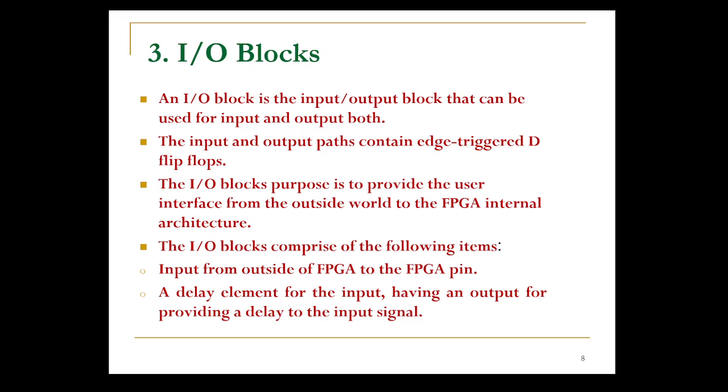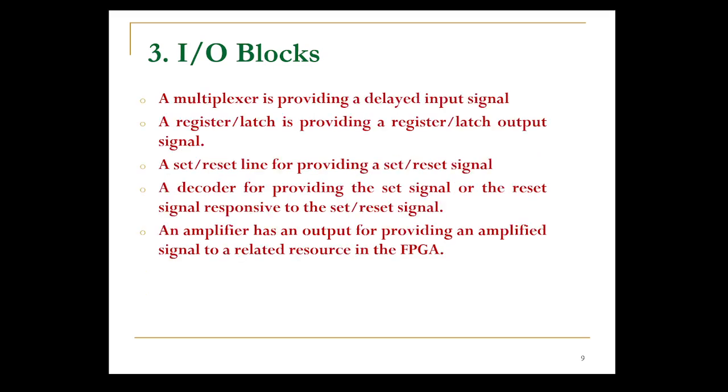The IO block again comprises certain elements. The FPGA is going to be connected with the PC with the help of some cable or with the input or output pin. We have a delay element in which the output is required to be fed as an input with some delay for the next successful purpose.